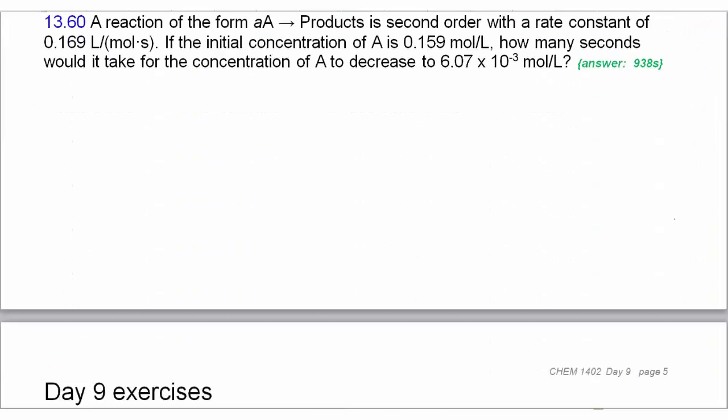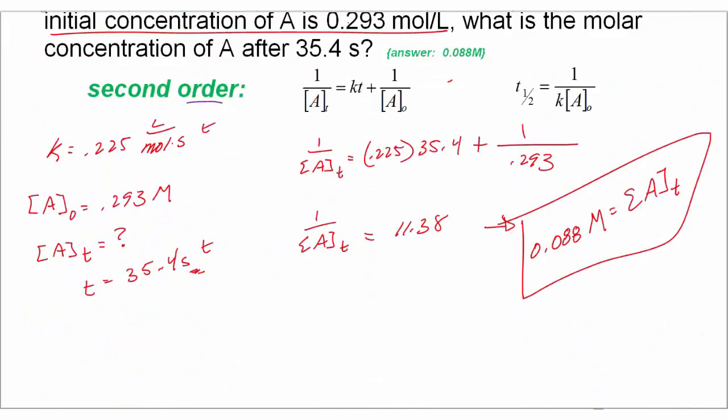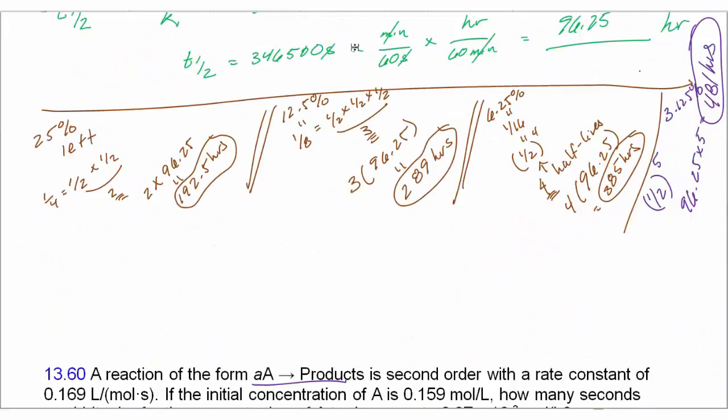A reaction is of this form, okay? Second order with a rate constant of 0.169. So we need our second order expression. Here's second order: 1/A at time t equals kt plus 1/A0.